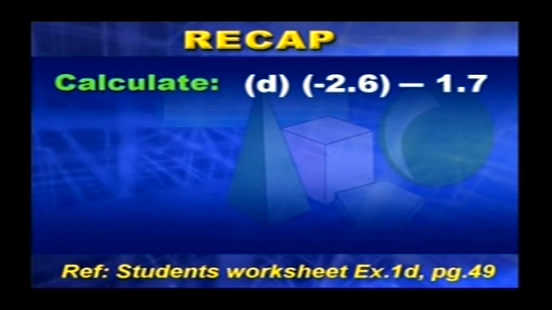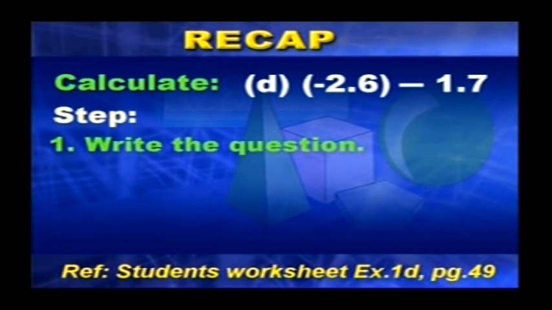Firstly, we are going to calculate negative 2.6 minus 1.7. Now, you cross-check your working out and see if you have done the following step. Step number 1. You were to write the question.